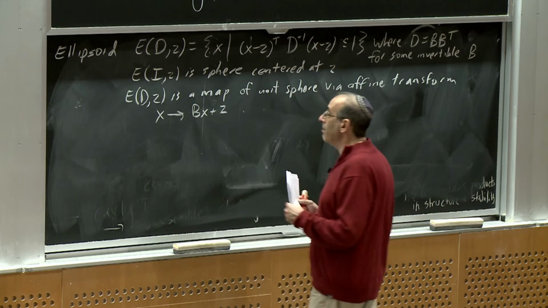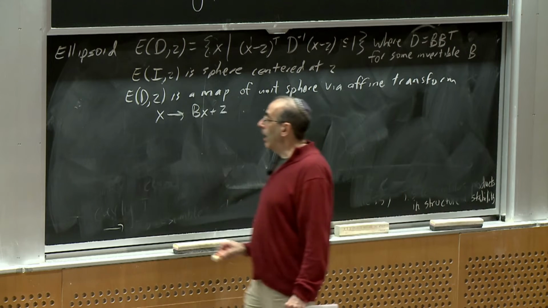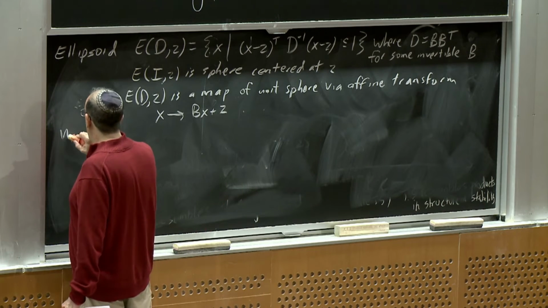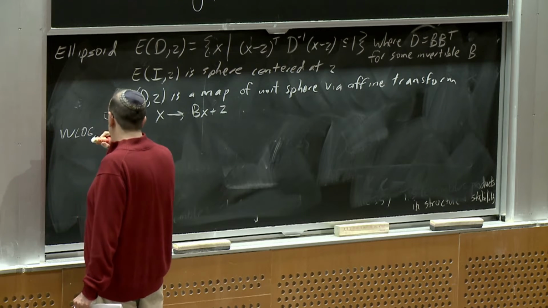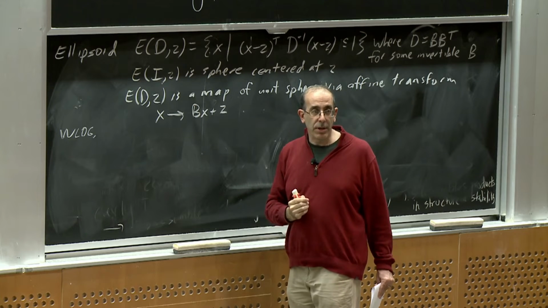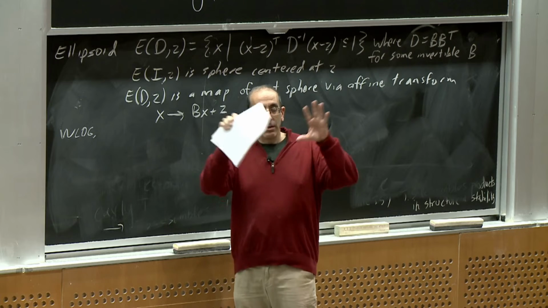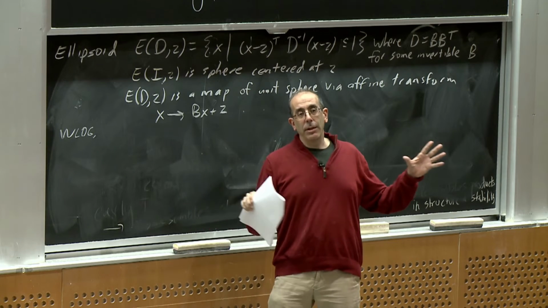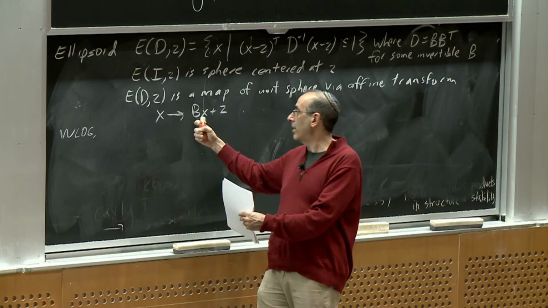So let's talk about the math behind shrinking the ellipse. I've got my current ellipsoid, my D and my Z. I'm just going to assume that it's a sphere centered at 0. If I have a different ellipsoid, I can apply a linear transformation to turn it into the sphere centered at 0, just inverting this one.